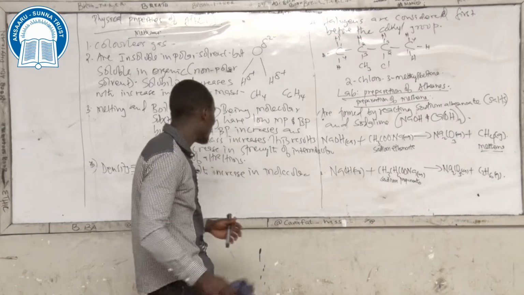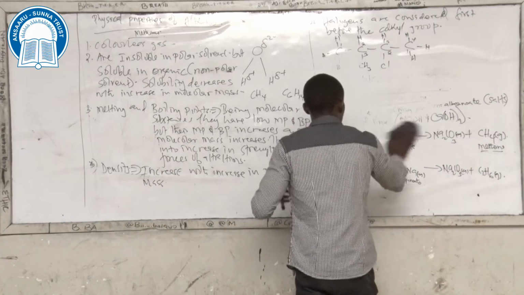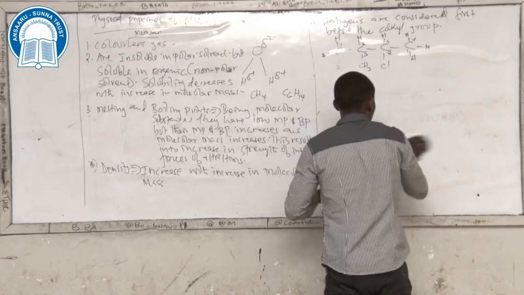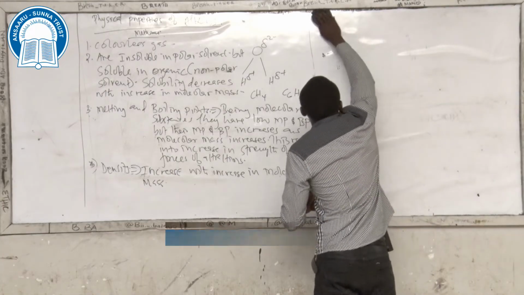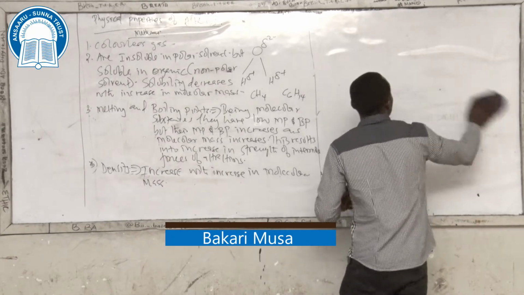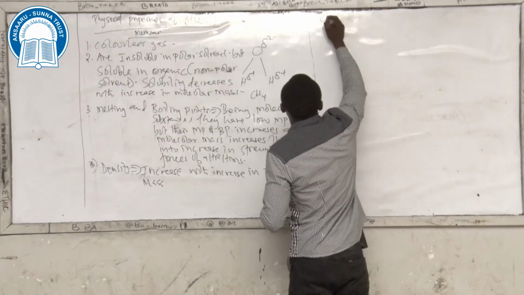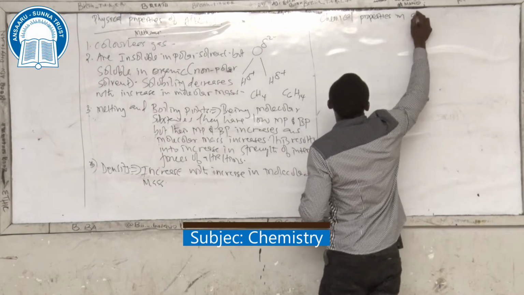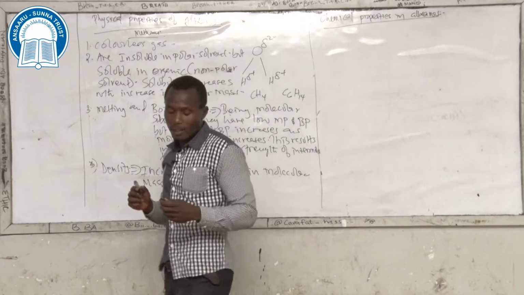Let's talk about the chemical properties. So, chemical properties in alkanes.